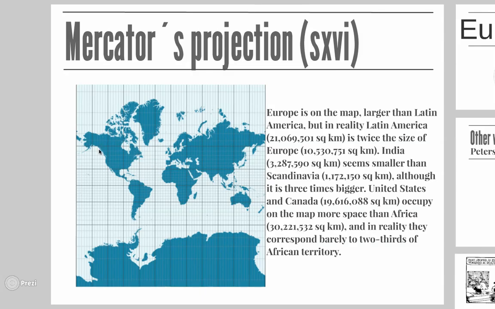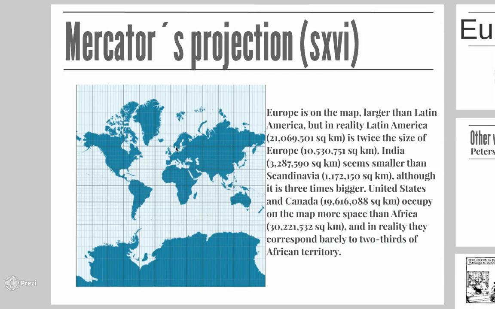So what happens with Mercator's projection is that Europe, for example, seems on the map quite larger than Latin America. But in reality, Latin America is twice the size of Europe. That is one of the consequences of Mercator's projection. India, for example, seems smaller than Scandinavia, although India is 3 times bigger.